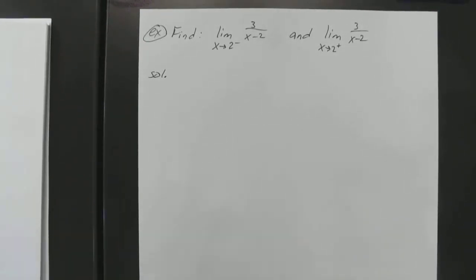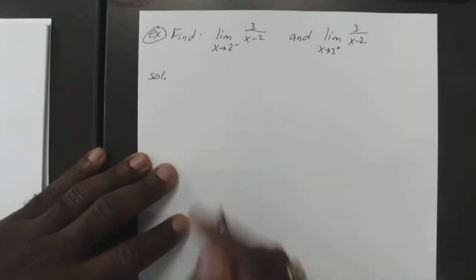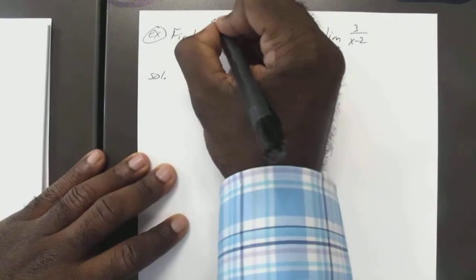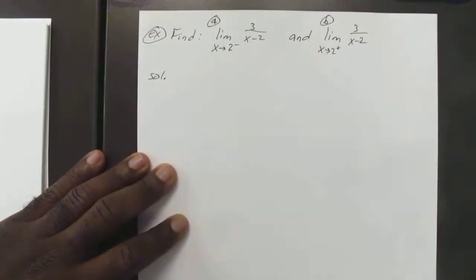We know we can't just plug it in because we'll get a denominator of 0. So we'll call that A and we'll call this one B.